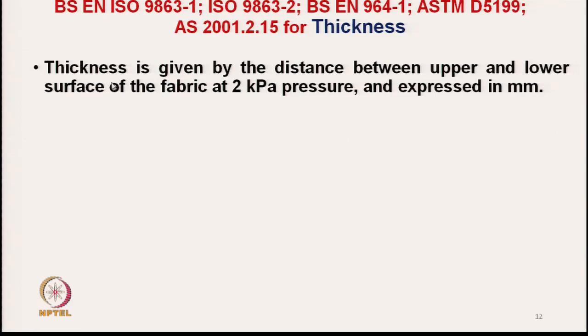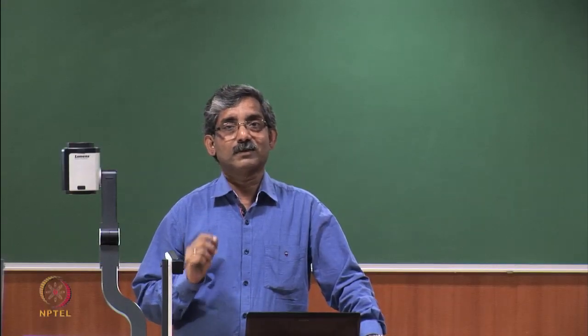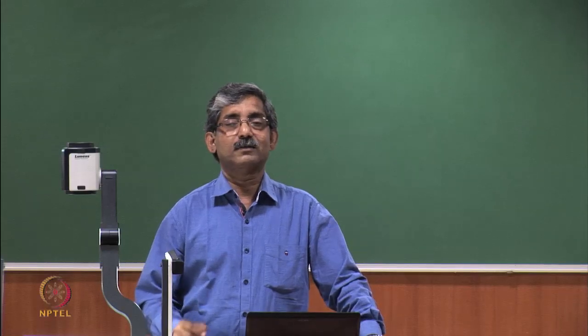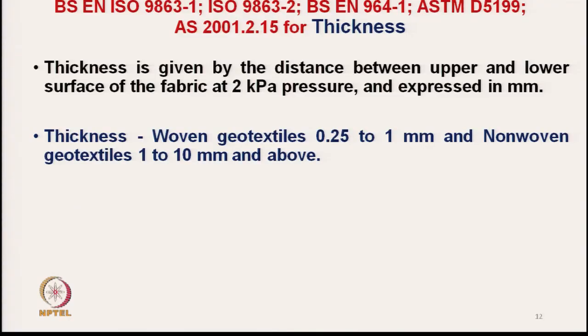Thickness is given by the distance between the upper and lower surface of the geotextile when we apply a pressure of 2 kilopascal, and normally it is expressed in millimeters. For woven geotextile, the thickness range is typically around 0.25 to 1 millimeter, and for non-woven geotextiles it is around 1 millimeter to 10 millimeter and above.